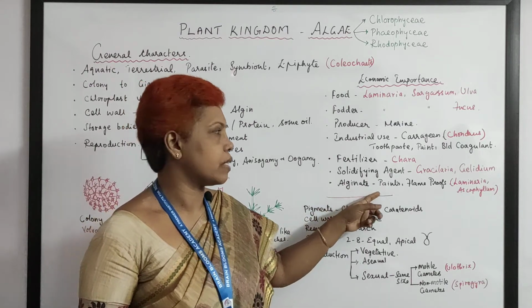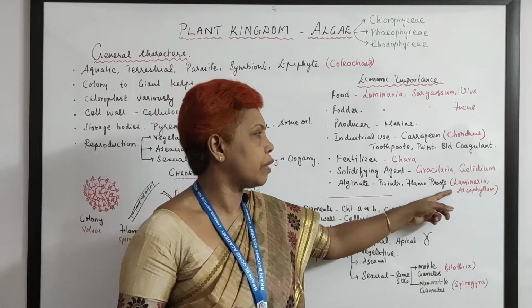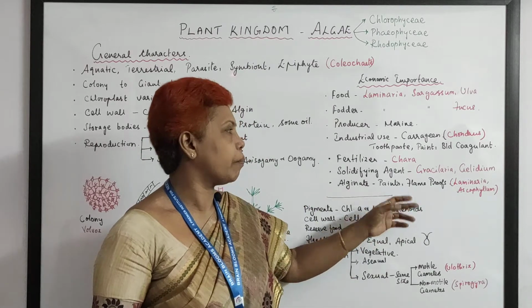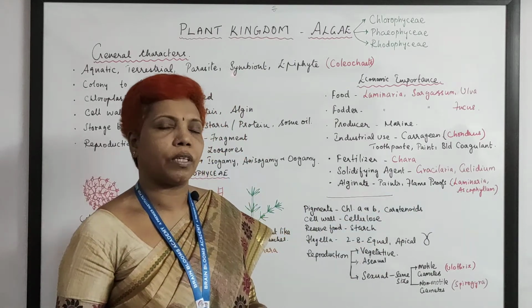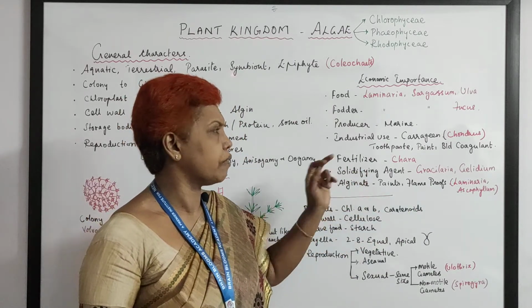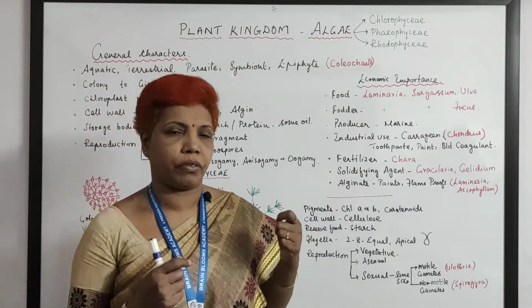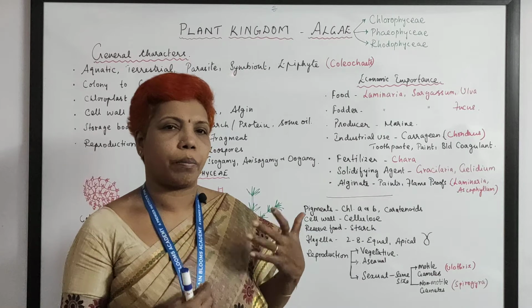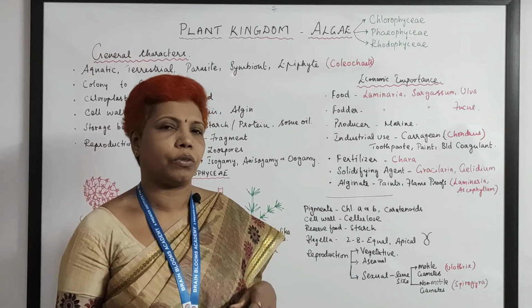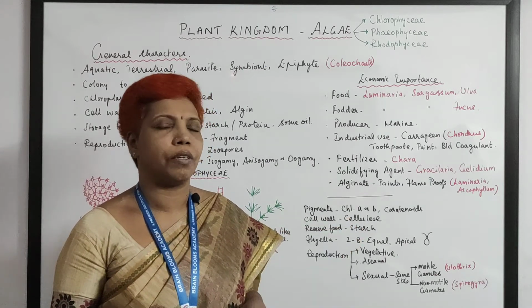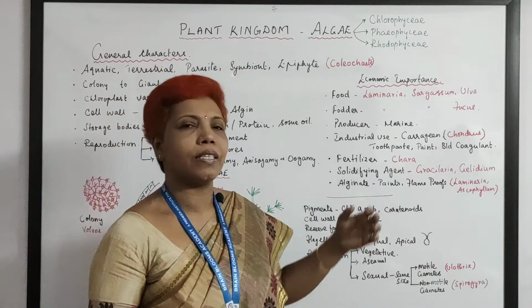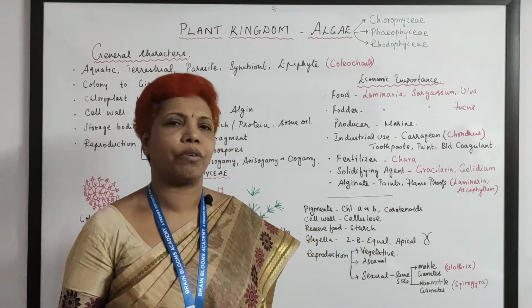And alginic acid, from Laminaria and Ascophyllum, is used in paints and other things. And for fertilizers, Chara is a plant that is very rough. It is covered by calcium carbonate, very hard to see, and it is a very good fertilizer. Chara is a somewhat advanced form, even of Chlorophyceae.